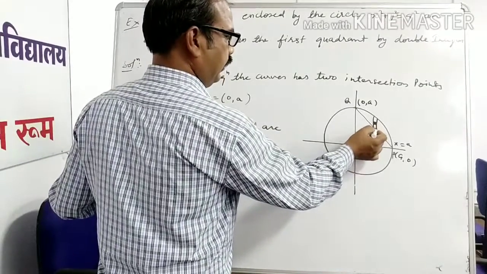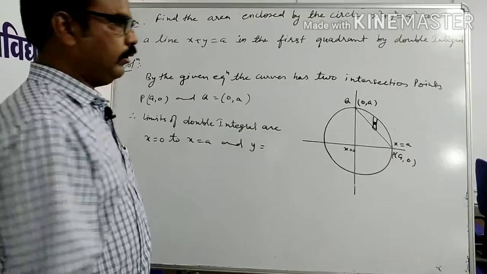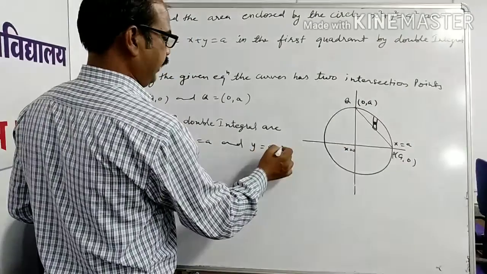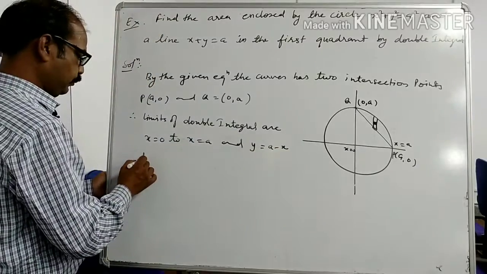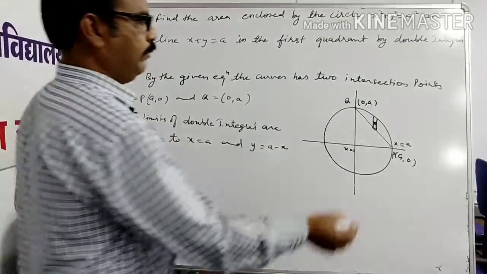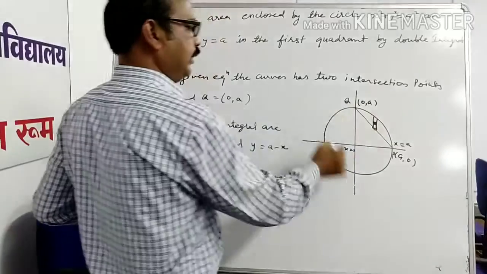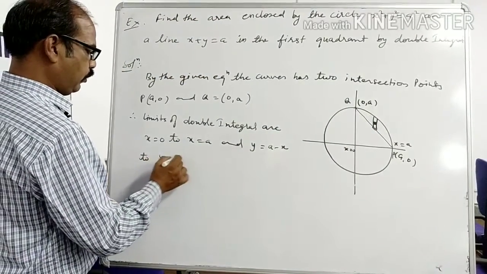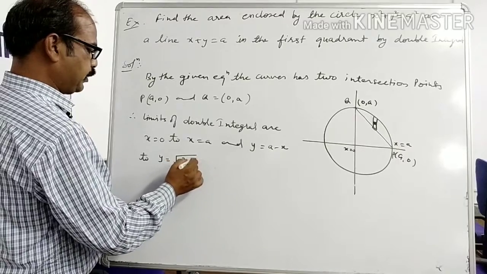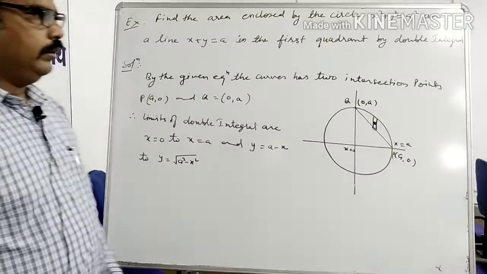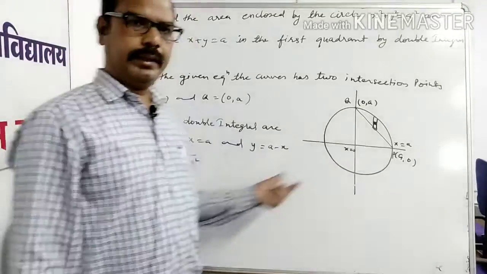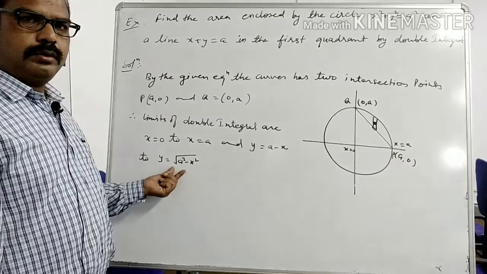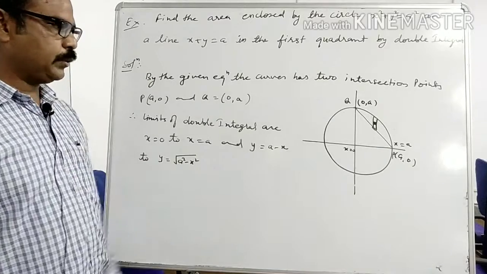the lower point of this strip is on the line. So here we have y equal to a minus x, and the upper part of this strip is over the circle. So y equals to under root of a square minus x square. Due to the first quadrant it is only positive, so y equals to square root of a square minus x square.